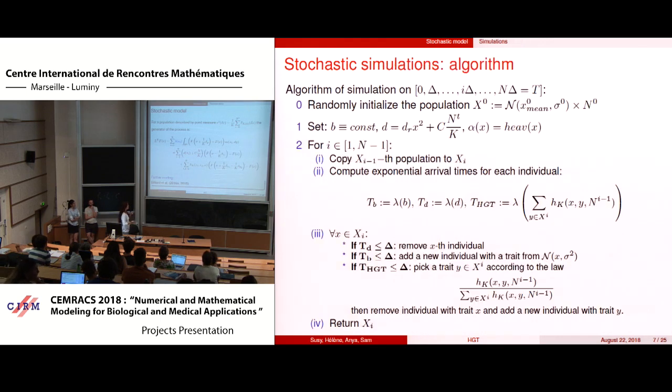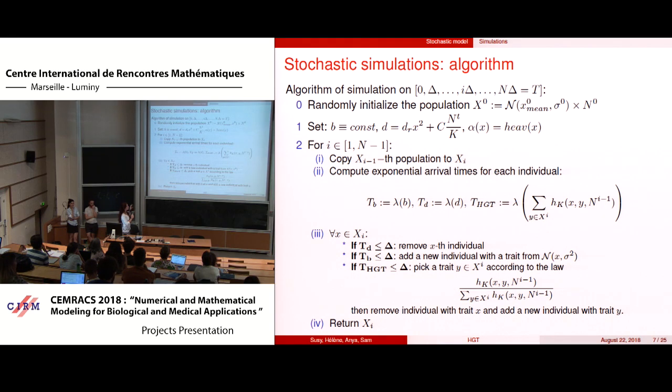And if we want to model it, well, it doesn't look very nice and easy, but in fact it's not as difficult. What we have to do is compute arrival times of each event according to an exponential law, based on the rates which we know from what we just said.